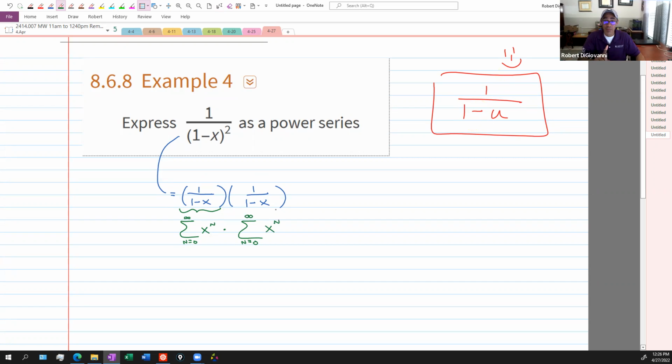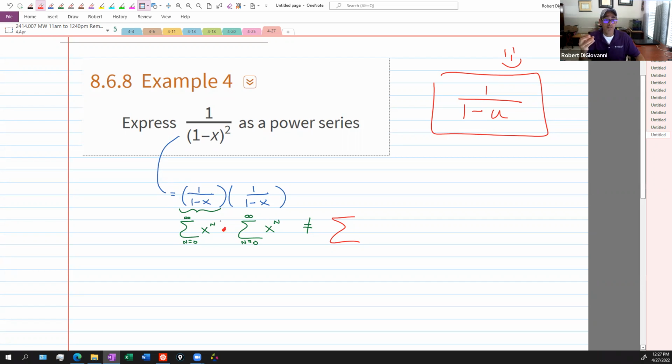And the problem with this is that you cannot figure out what that is as a single series. The product of two infinite series is not easy to represent as a single series. These are two series multiplied together.